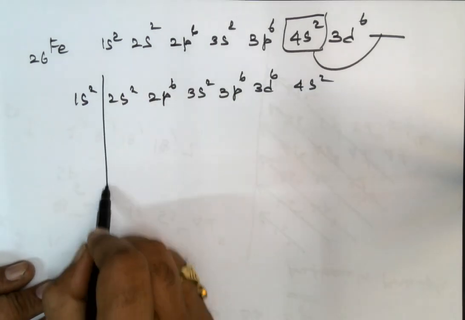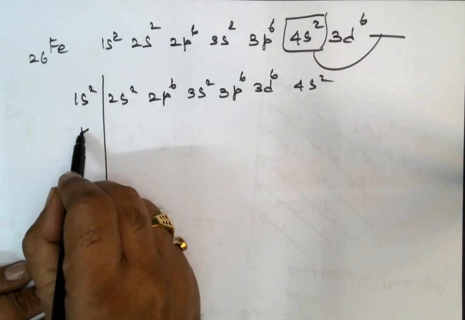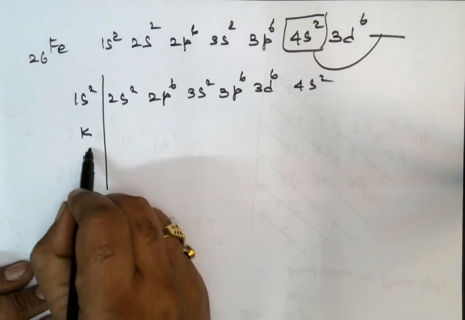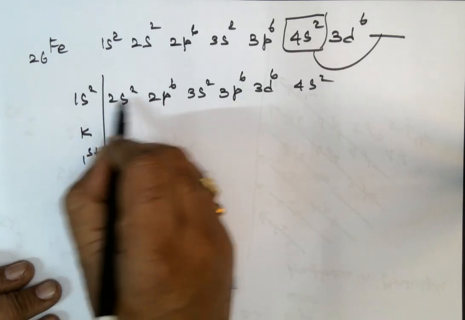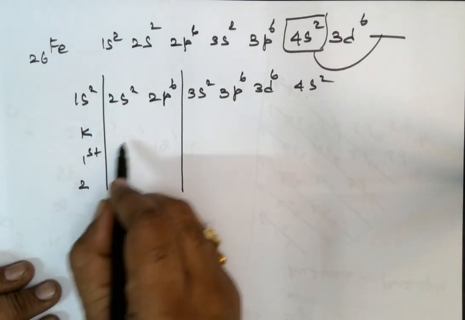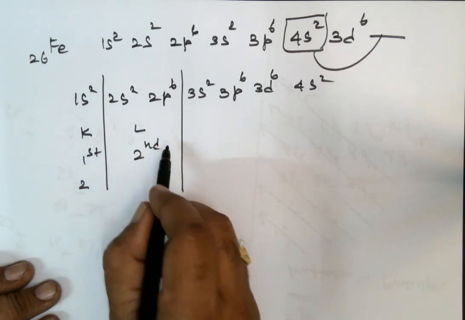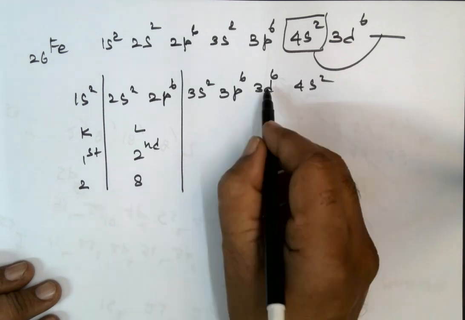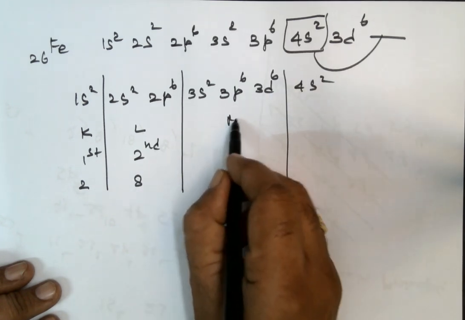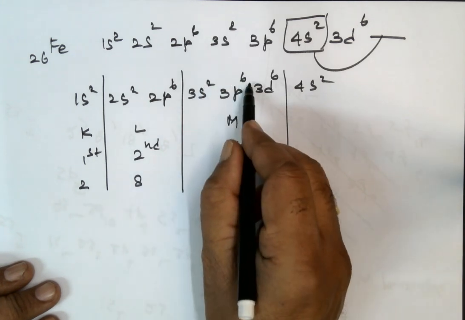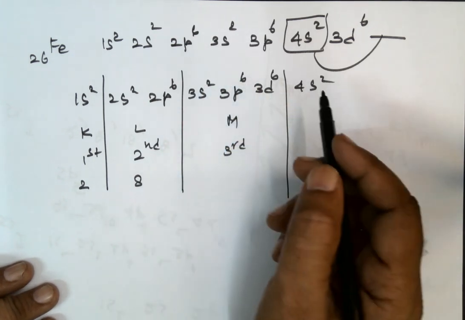So now you can understand this is the K shell, that is the first shell that contains 2 electrons, and 2s2 2p6 is the L shell, which is the second shell, that is 8 electrons, and this is the third shell, M shell, where you have 2 plus 6, 10, 14.